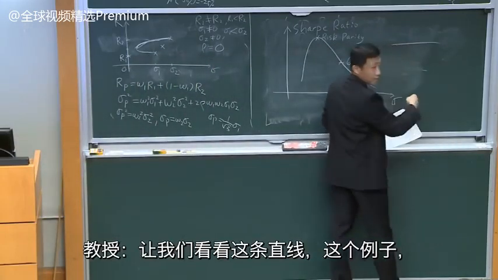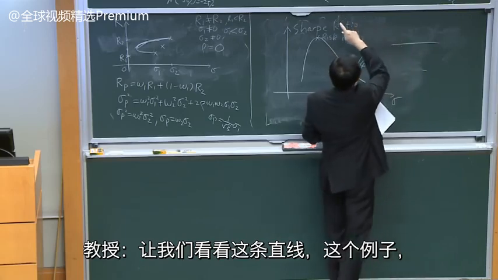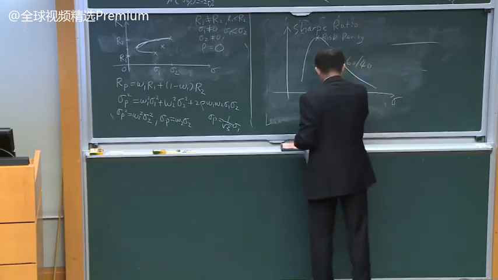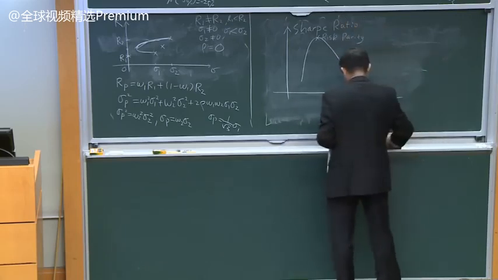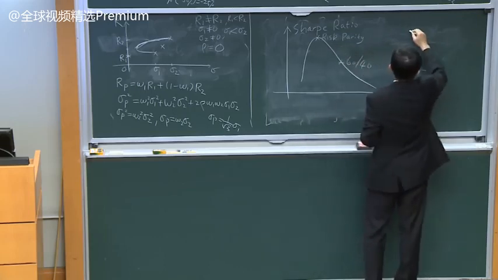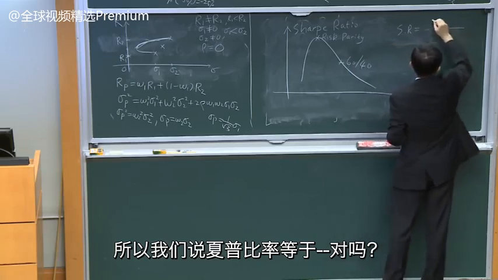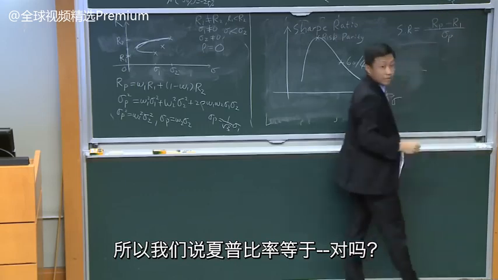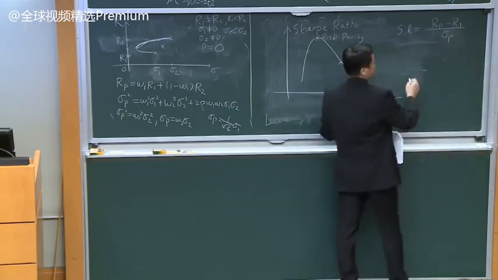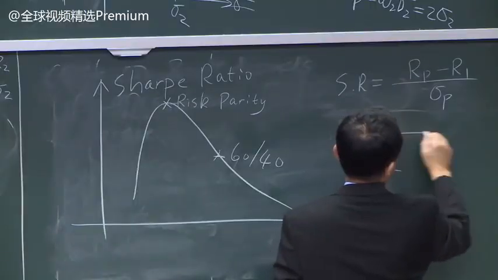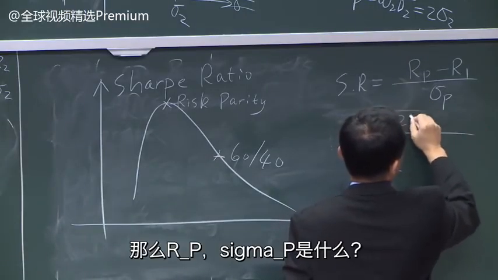So let's look at that straight line, this example. Okay. So we said Sharpe ratio equal to RP over sigma P, right?